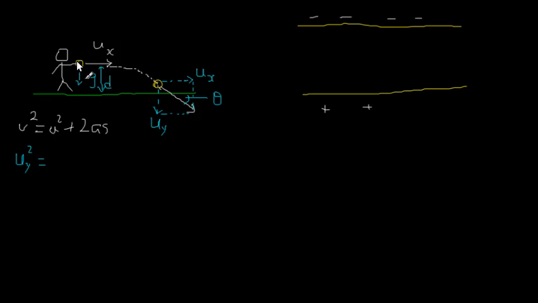U, the initial vertical velocity, is 0 because initially the velocity is all horizontal. So that's 0 squared, plus 2a, where a is the acceleration due to gravity, which is g, times s, the vertical distance moved. Remember that we are applying this equation to just the vertical components. So the vertical displacement is d. From this we can find uy by taking the square root.